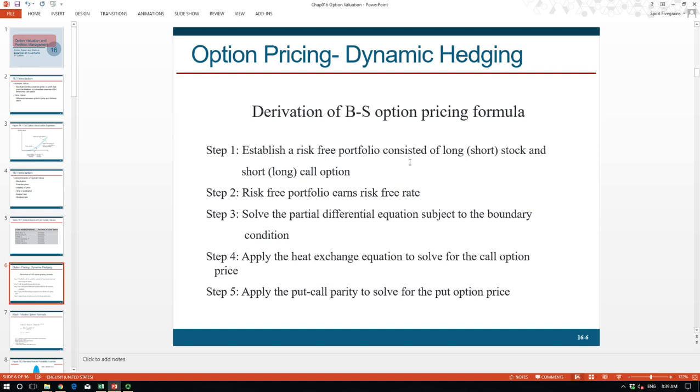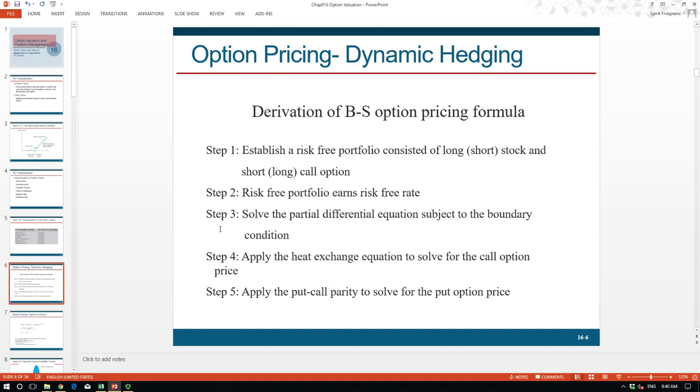And in the fourth step, once you apply the heat exchange equation, you can solve for this call option formula. And the last step is to apply the put-call parity to solve for the put option price. Right, so this is a path-breaking research outcome by Dr. Black and Dr. Scholes back in the 1970s.